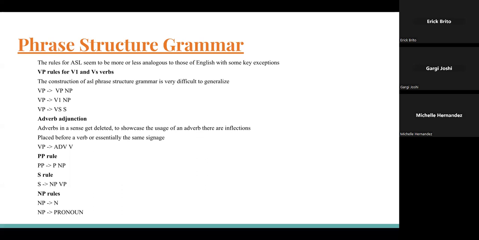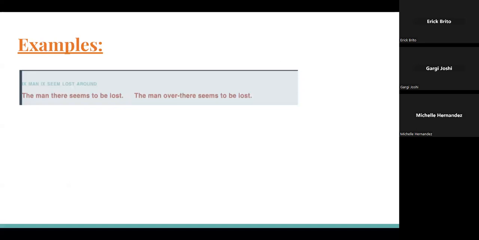And then on the next slide, we have an example of, I guess, the deletion, quote unquote, of determiners. The English translation is, that man there seems to be lost. And we see the is not included above and there is also not included, as well as to be.